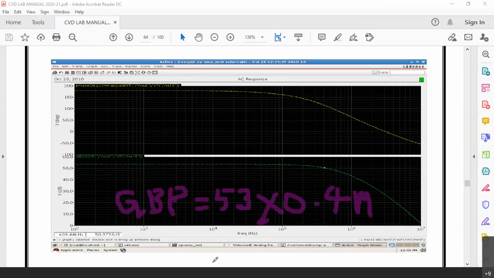In terms of decibels we can write, so approximately 21 dB mega. This is the gain bandwidth product, which is actually quite less.